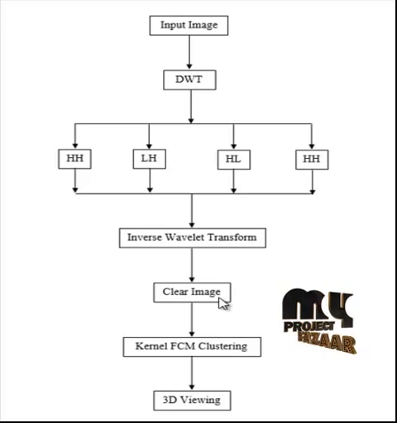After that, kernel FCM clustering is employed. In the kernel FCM clustering, fuzzy C-means clustering is combined with the kernel objectives, and the fuzzy C-means clustering identifies the similar intensities in the images, removes the unwanted pixels and groups the pixels in order to identify different locations in the images.